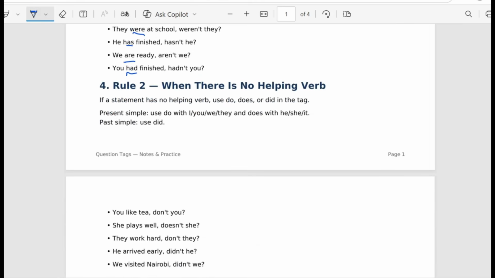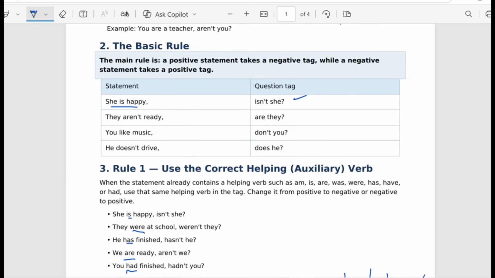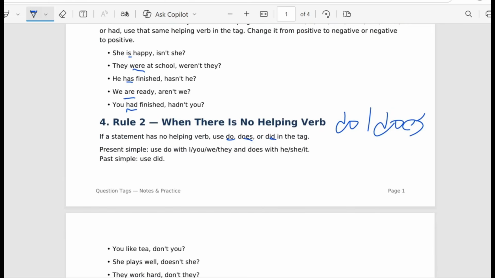Rule number 2. When there's no helping verb, you're supposed to use do, does, or did in the tag. If it's present simple, use do with I, you, we, they, and does with he, she, or it.